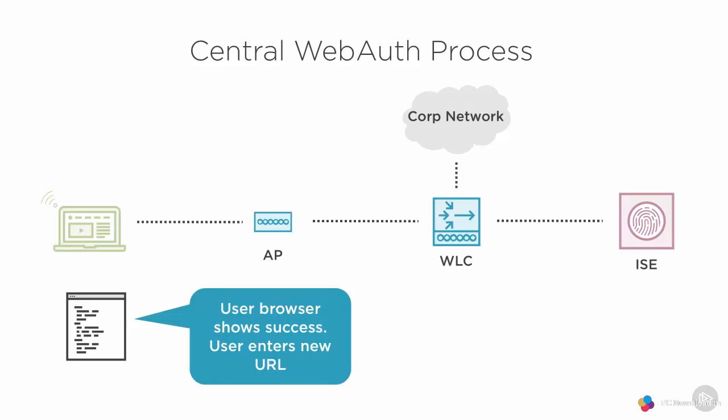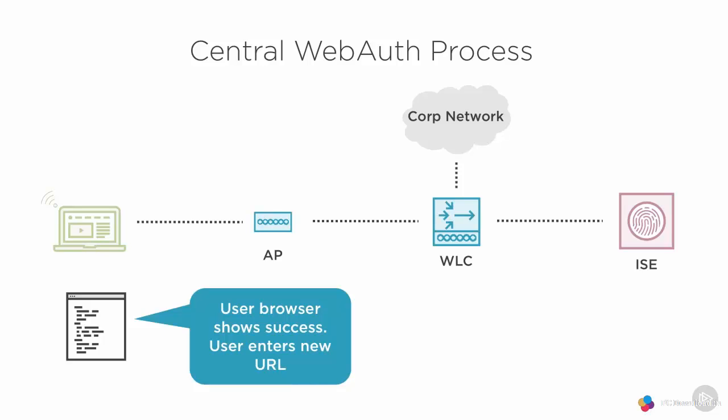It doesn't redirect them to their originally requested website. However, in later versions of ISE, the ones that you're not tested on in the SISAS exam, you have the ability to just check a little box and say, I want you to redirect me to the appropriate URL. Okay, so that's a look at the process that takes place when we go through central web authentication.